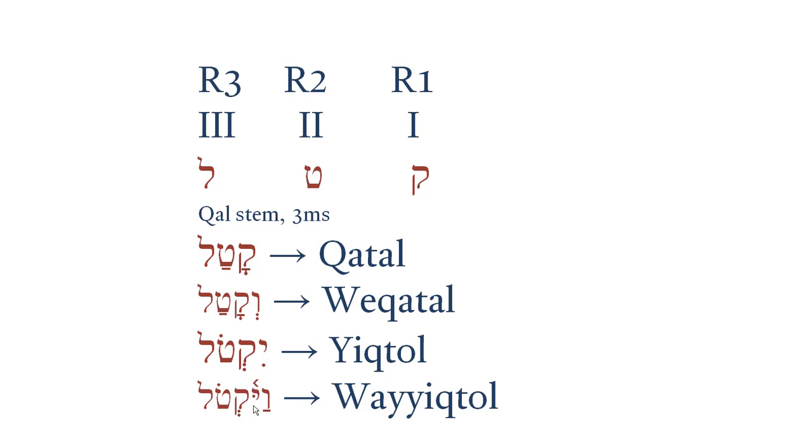And when we write this out, we show that the y is doubled by writing two y's in that name, Wayyiqtol. That dagesh forte is showing us that that yod is doubled. So our names come directly from the actual Hebrew words, and they're simply transliterations of them.